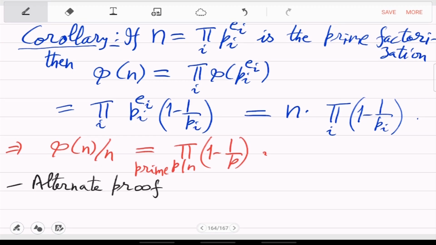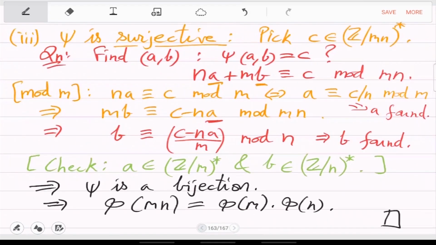So the alternate proof is by this inclusion exclusion principle. Did we do that somewhere?